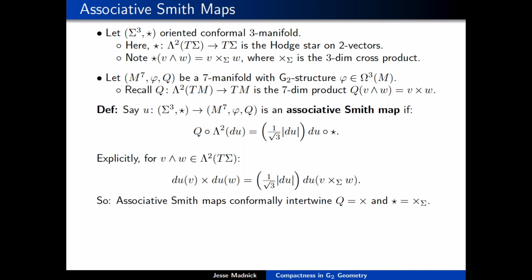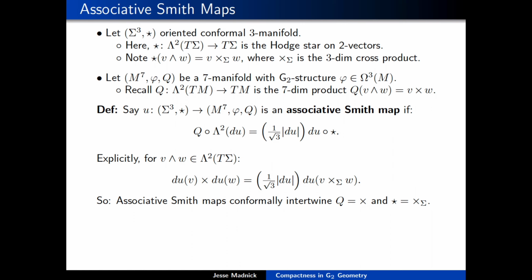So what this says is that associative Smith maps are the maps which you might say conformally intertwine these 2 cross products, the 7-dimensional cross product on the left and the 3-dimensional cross product on the right. They're somehow the same under du up to this weird factor. This factor is included so that this equation becomes conformally invariant. I should mention that this factor can be 1. That happens precisely when U is an isometric immersion. So that certainly can happen.